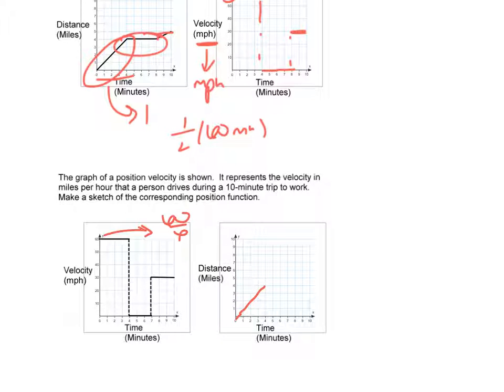Between 4 and 7, it's going to be 0, which means it's a flat line. And then between 7 and 10, you're at 30, which again, you can divide by 60 to get your slope. So it's going to be rise over run, so 1 over 2. So that is your antiderivative. You're going backwards a little bit.